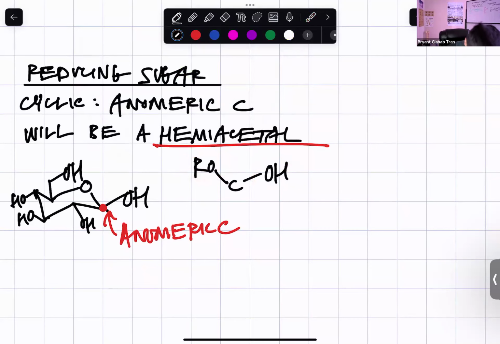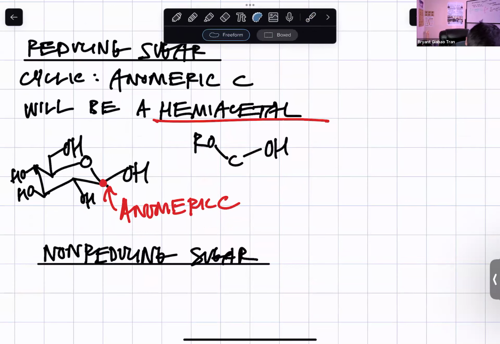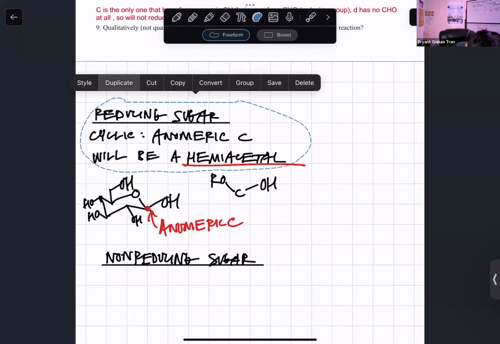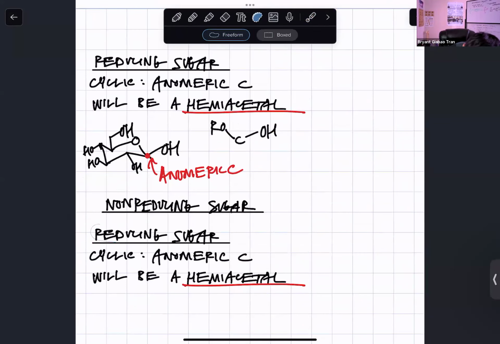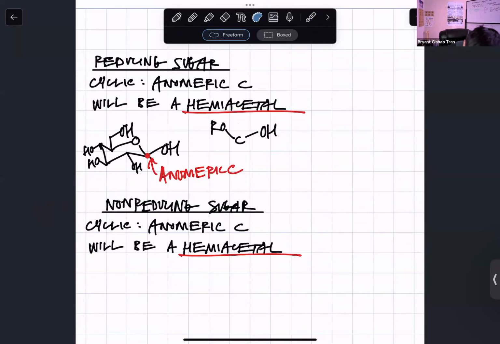Whereas a non-reducing sugar is going to be when the anomeric carbon is an acetal.